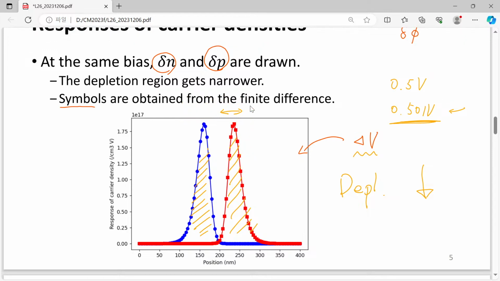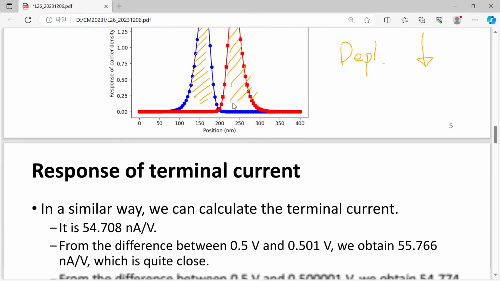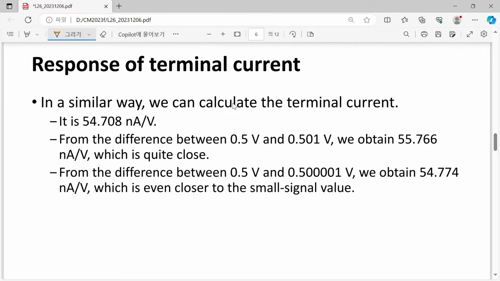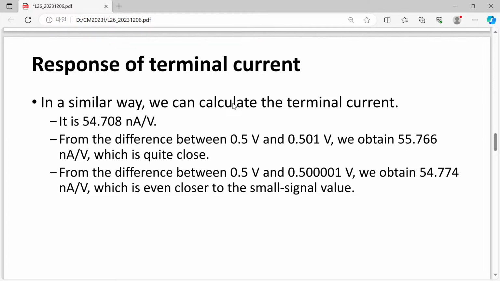So looks quite okay. Then let's go to the one like response of terminal current. In a similar way, we can calculate the terminal current, for example, the anode current, and it is given by certain number. What is this number? You easily understand this is related with something.